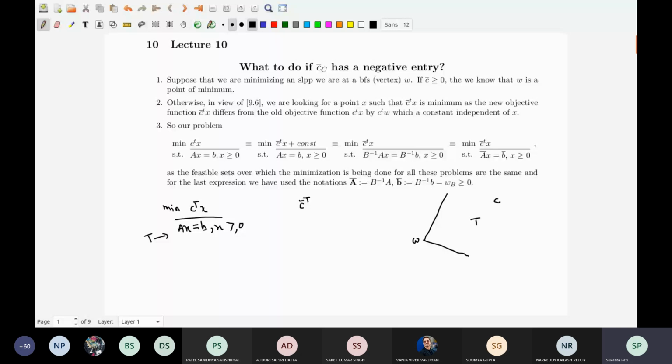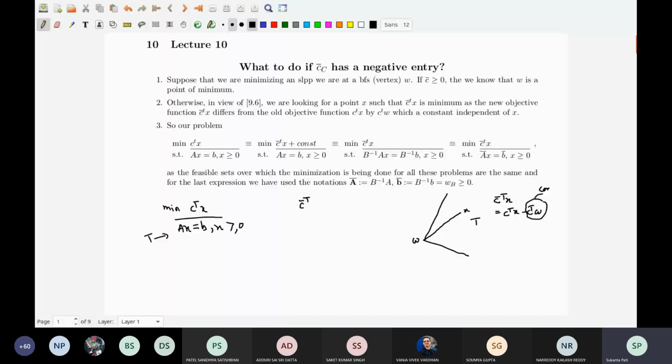This is actually the difference between the cost C transpose X minus C transpose W. See, W is a fixed vertex BFS, so C transpose W is a constant.